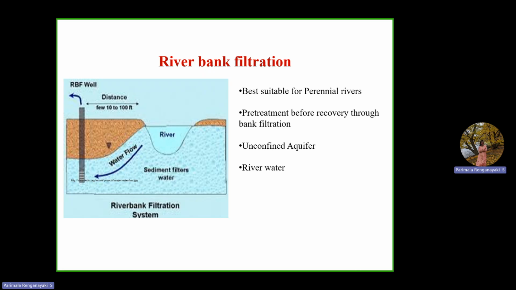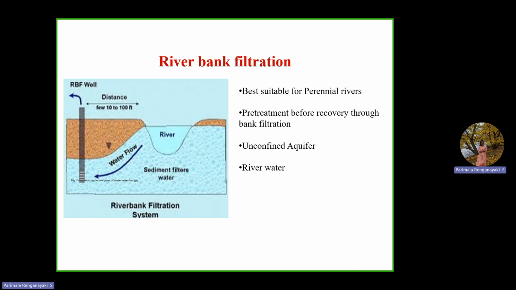Some of the impurities will be filtered. If you have some floating material, like leaves or some plastic material, that will be retained in the river itself. Only water will be passing through the pores. During its passage, adsorption occurs. Some of the material will be adsorbed on the soil particles. Sometimes a filtration process will take place.